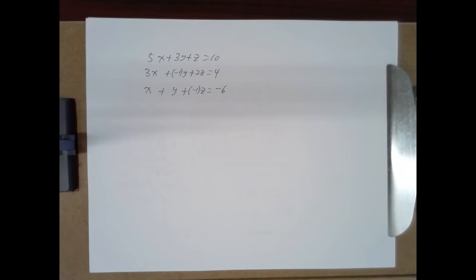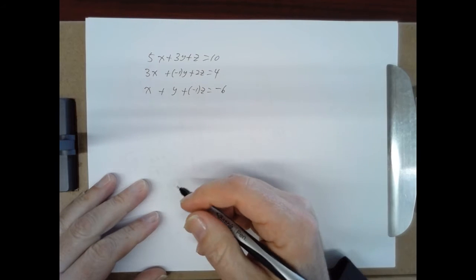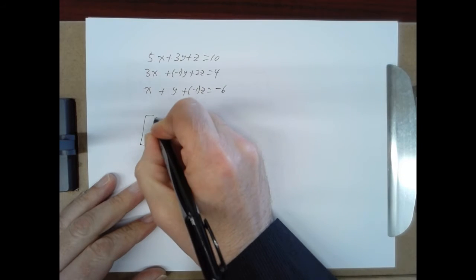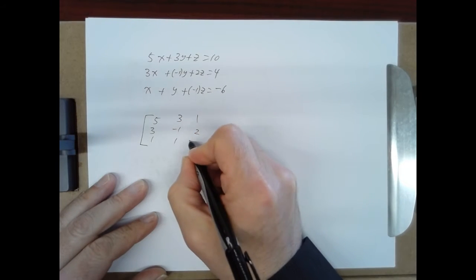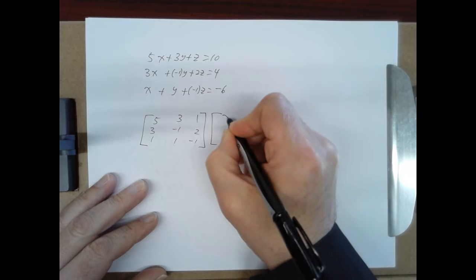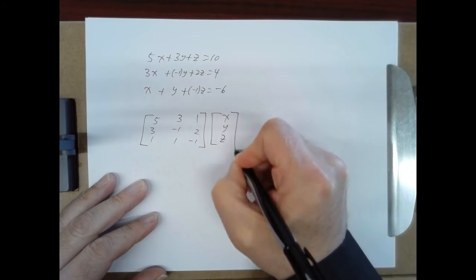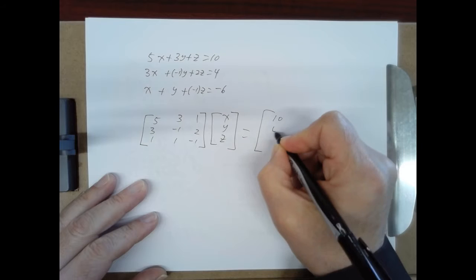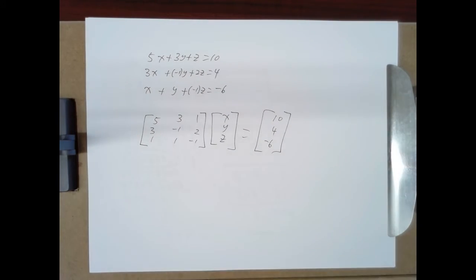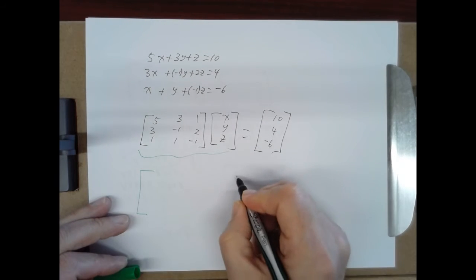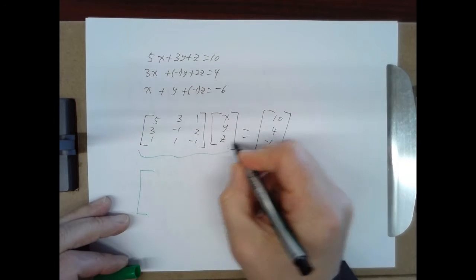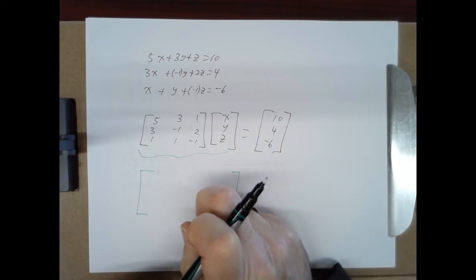So say you've got 3 equations and 3 unknowns. We can write this as a matrix equation. Because if we do this matrix multiplication, this is 3 by 3, this is 3 by 1, we're going to get a 3 by 1 matrix.